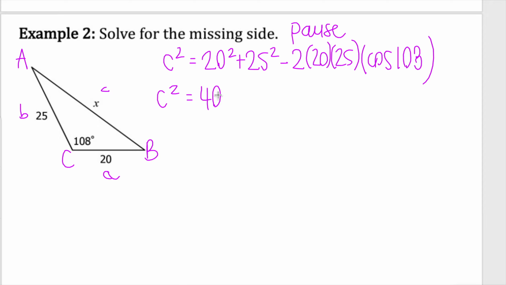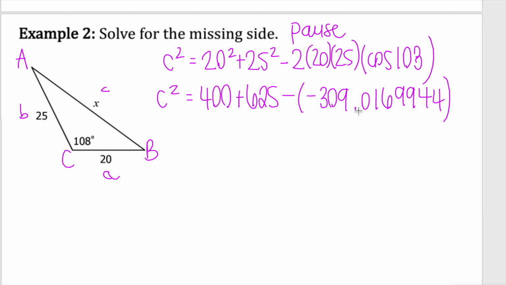20 squared is 400. 25 squared is 625. And then 2 times 20 times 25 times the cosine of 108 is a negative 309.0169944. That is going to be tricky if you didn't write it down as a negative. So 2 times 20 times 25, just checking my work here, times the cosine of 108.